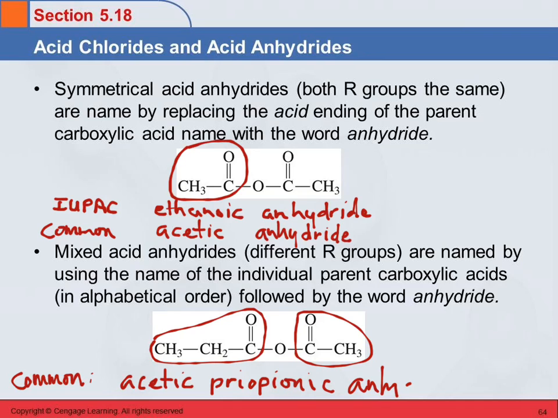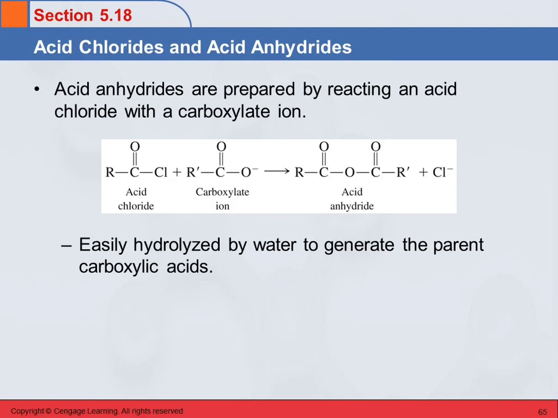Okay? How do you make these? You can't actually just take the 2 carboxylic acids and react them together. That doesn't work. The acid anhydrides are actually prepared by reacting an acid chloride with a carboxylate ion. So a carboxylate ion is a carboxylic acid that has lost a proton.